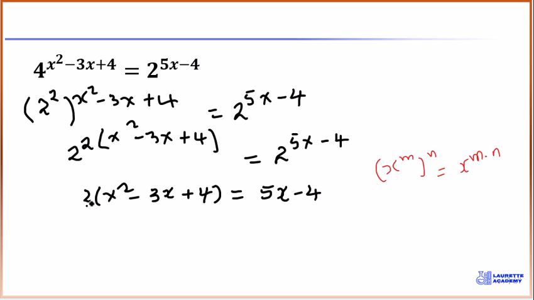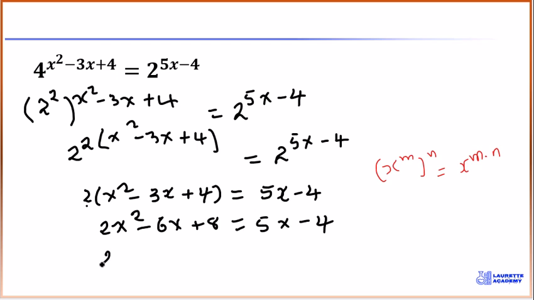So we have that 2 times x squared is 2x squared, 2 times 3x is minus 6x, 2 times 4 is 8, so we have plus 8 is equal to 5x minus 4.